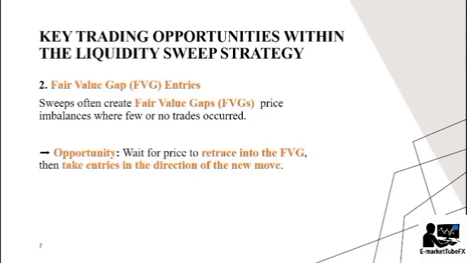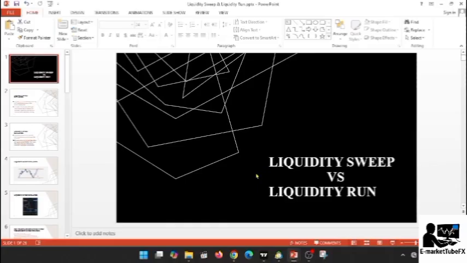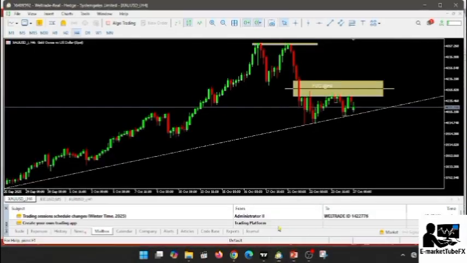Now, what are we talking about here? Let's go to the chart, then you have a better understanding of what I want to share with you. Remember, you are with E-marketTubeFX and you are with your trader Henry and Pimdako.